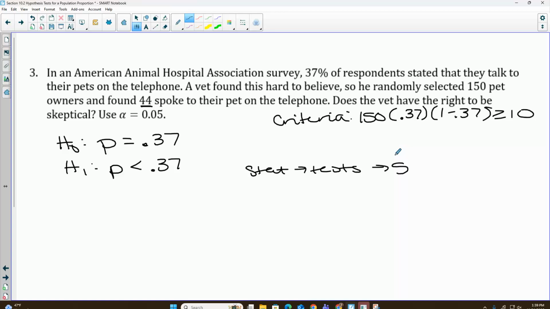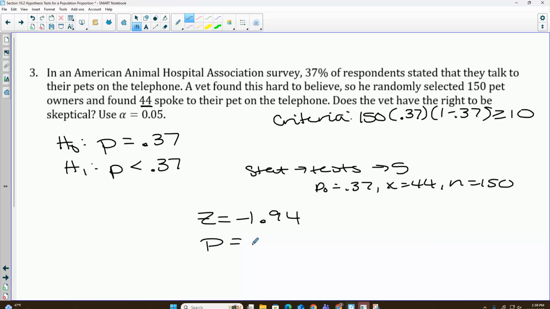My P is 0.37. My X is what? 44. And it's 150. Okay. I'm testing less than. So the Z, say 1.94, or P is 0.0259.